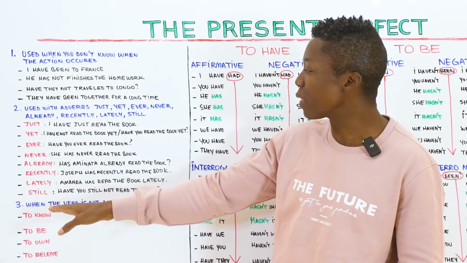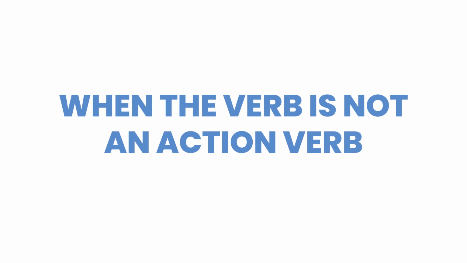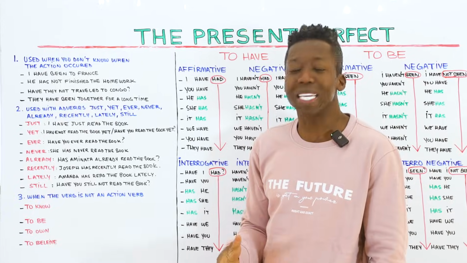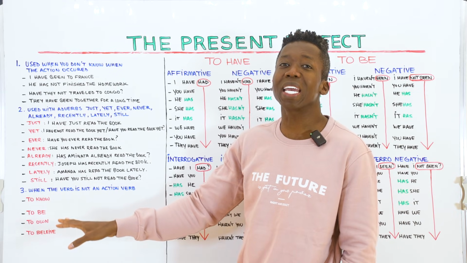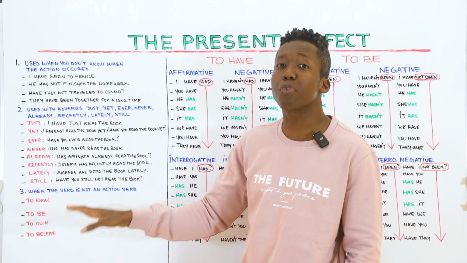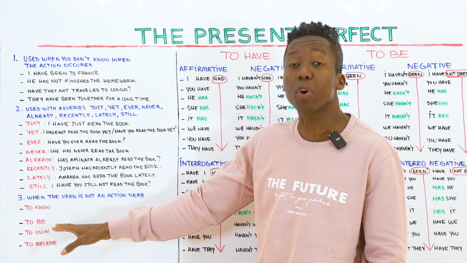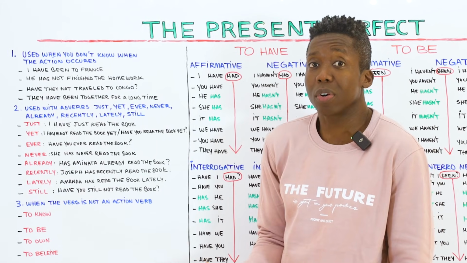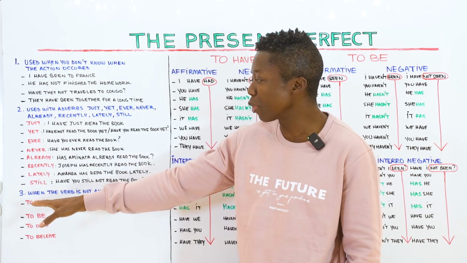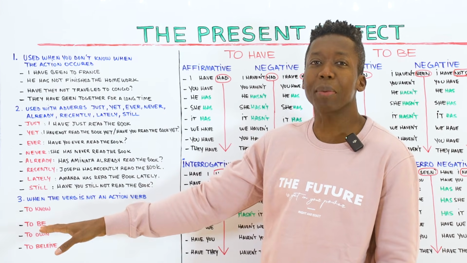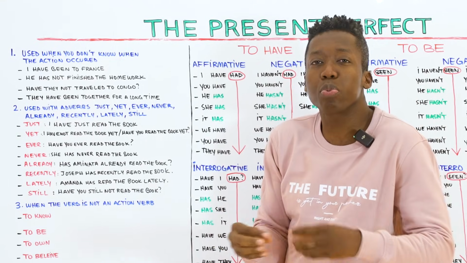So we also use the present perfect when the verb is not an action verb. What does that mean? It simply means that the verb cannot be in the progressive form. Okay? When the verb cannot be in the progressive form, then you use the present perfect. For example, the verb to know. Le verbe connaître ne peut pas être à la forme progressive.